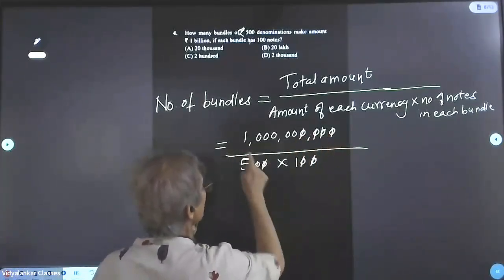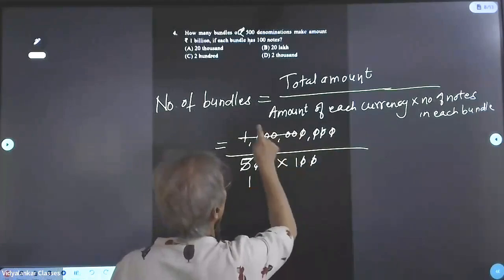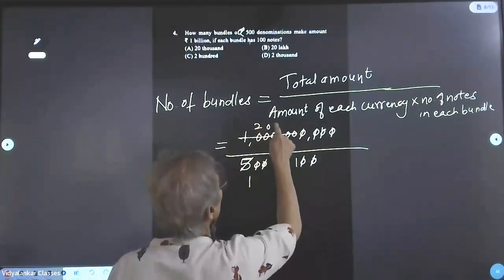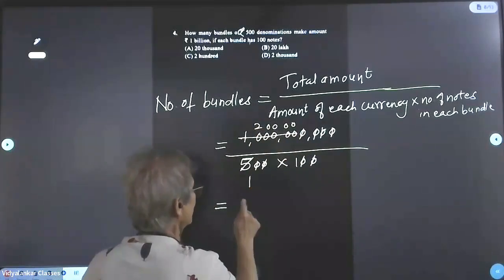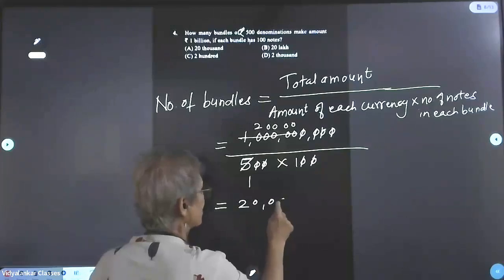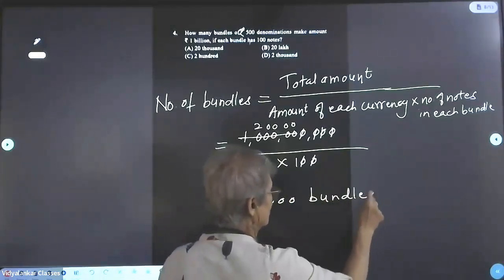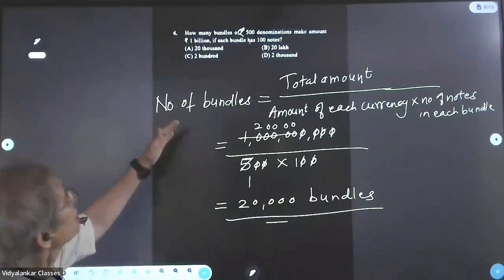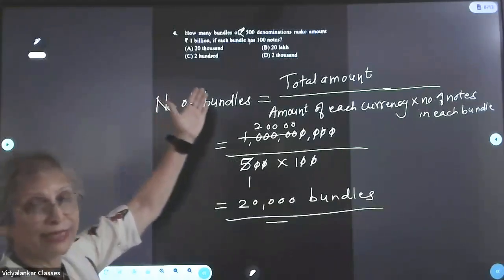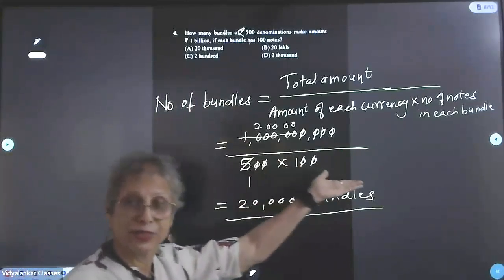And then divide this number by 5. 5 ones are 5. 5, 2, 0, 0, 0, 0. And then there are 20,000 bundles. Okay, so here the answer is A, 20,000 bundles. So this is all regarding our first topic.